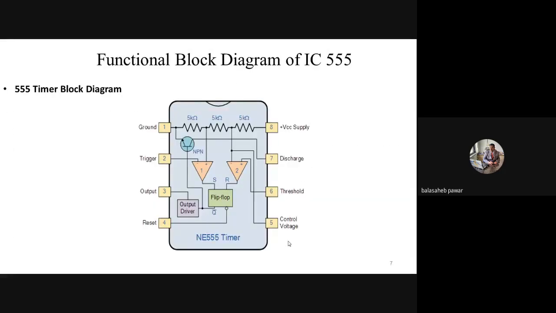This is the block diagram of IC 555, and you will observe there are 3 resistors connected in series, and it is powered by VCC. Again, that VCC range is given in the data sheet of that particular device, because so many ICs are there, not only this 555. According to the IC number, the VCC range is provided by the manufacturer.